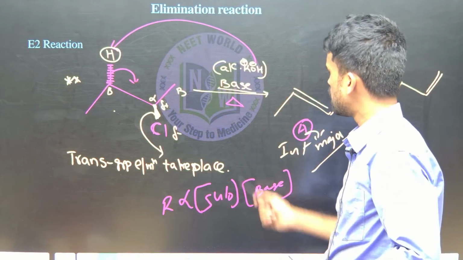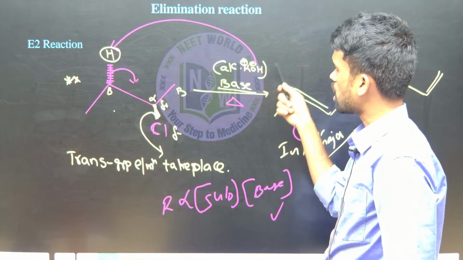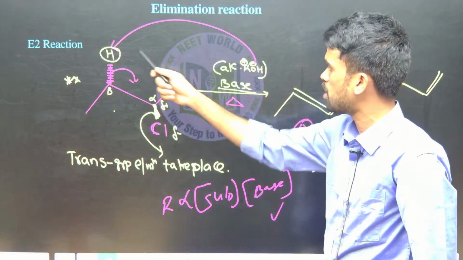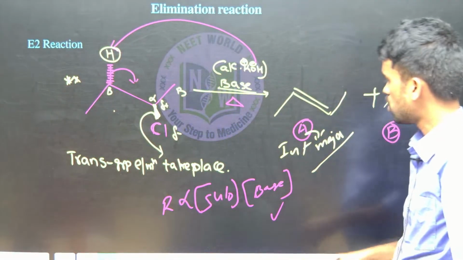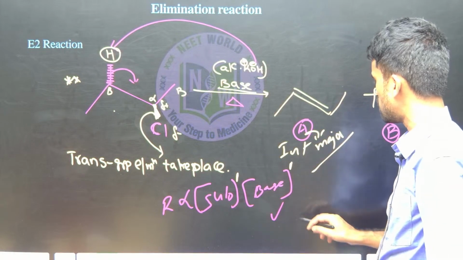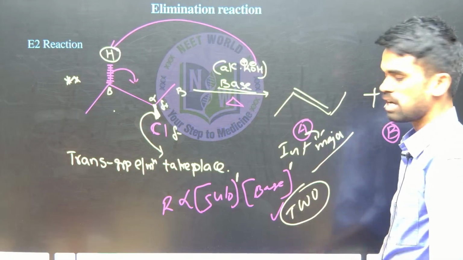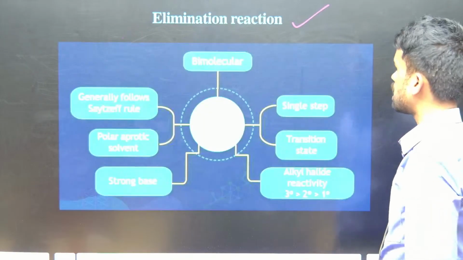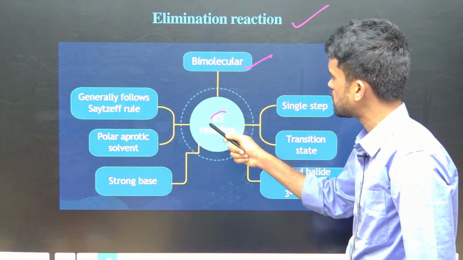But here it depends on the base. If you take a stronger base, abstraction of the proton is easy and the reaction takes place more easily. The order with respect to the substrate is 1 and with respect to the base is 1, so the total order of this reaction is 2. That's why we call it a bimolecular elimination reaction, indicated as E2.